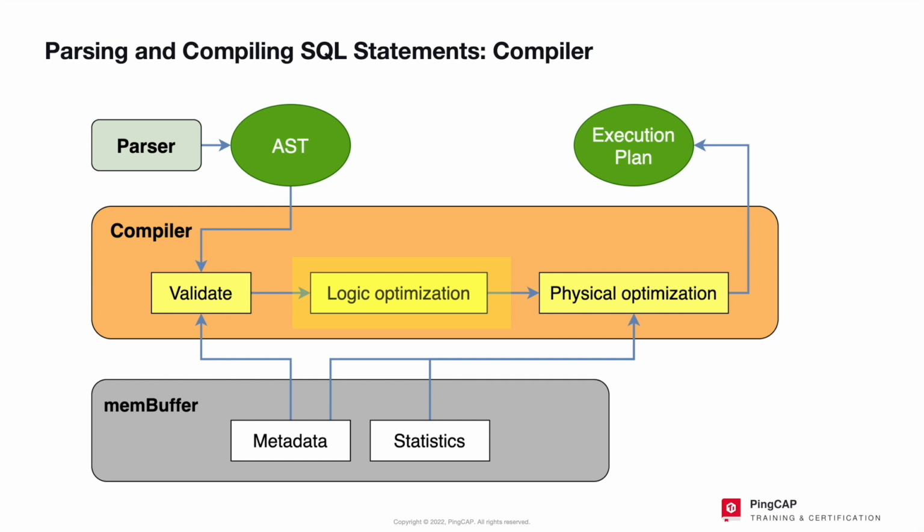This process makes logical transformations based on the equivalent exchange rules of relational algebra. It consists of a series of optimization rules. The logical optimization rules of TiDB include column pruning, maximum and minimum elimination, projection elimination, predicate pushdown, subquery decorrelation, outer join elimination, aggregation elimination, and more.